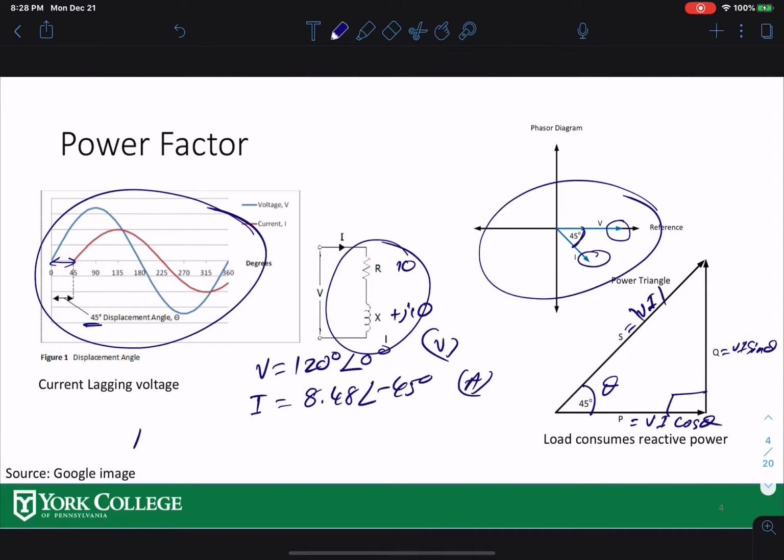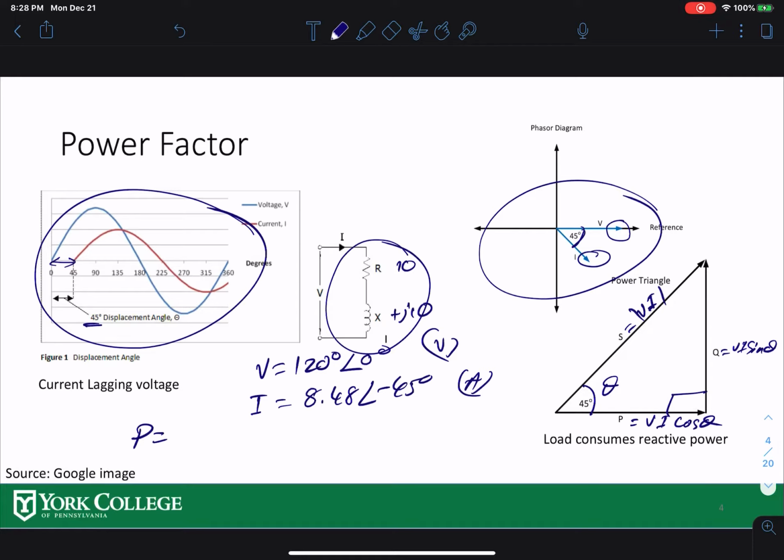Then your real power is VI cosine theta. Let's do the math: 120 times 8.48 times cosine 45.